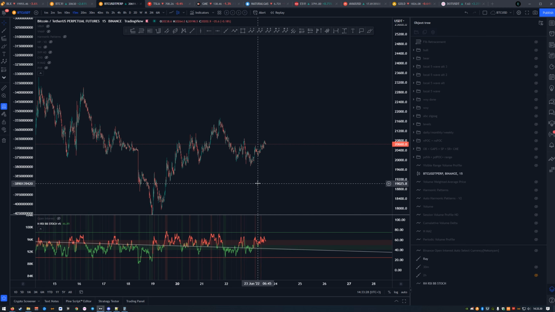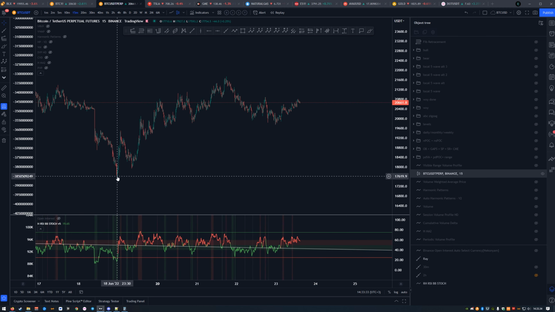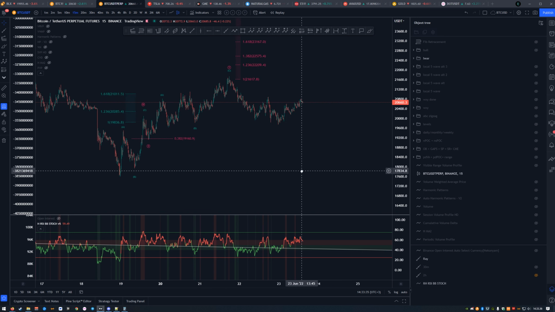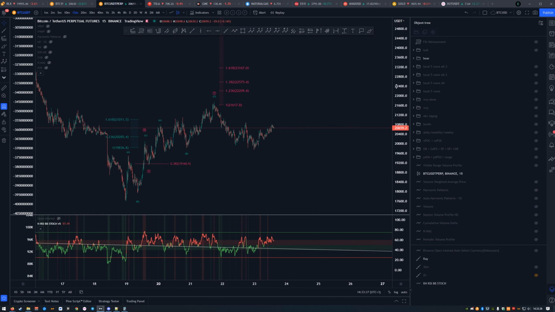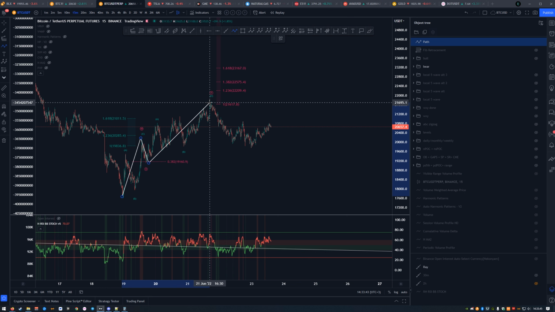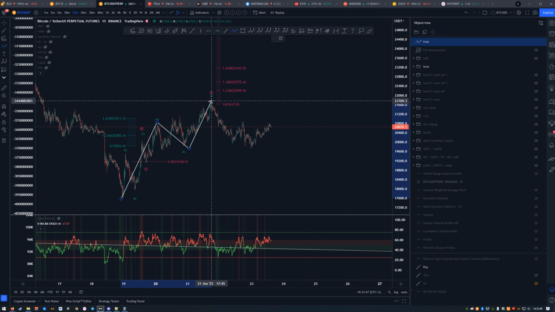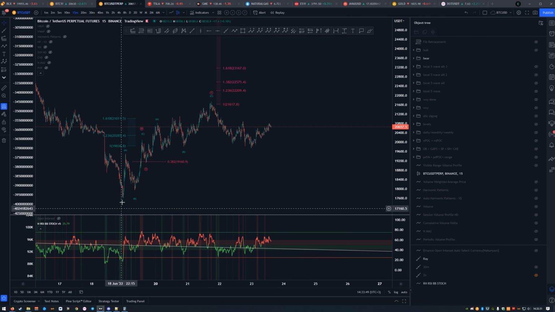Now let's zoom in a bit on this one. So again, lows of 17.6k down here. Starting with the bearish scenario, we have a couple of different options here. One is saying that we have a 3-wave move here, something like this, or something like this, whichever works for you. I think this looks pretty okay as a 3-wave move.